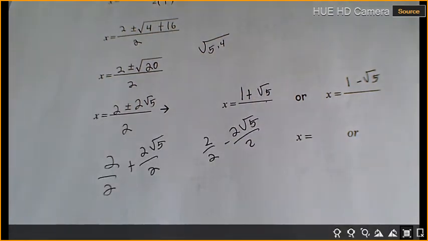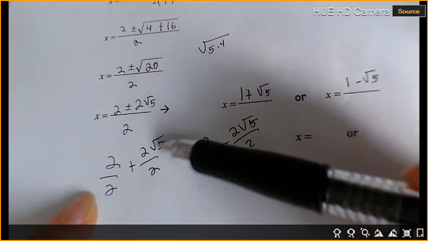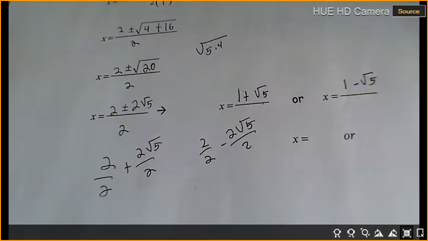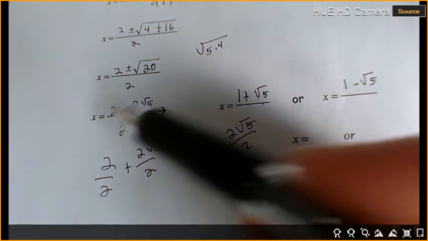We okay with that? 1 plus square root 5 and 1 minus square root 5. 2 divided by 2 gives me 1. 2 square root 5 over 2 gives me square root 5. And I'm doing the same way with minus because of that plus or minus sign right there. So I have to do both.